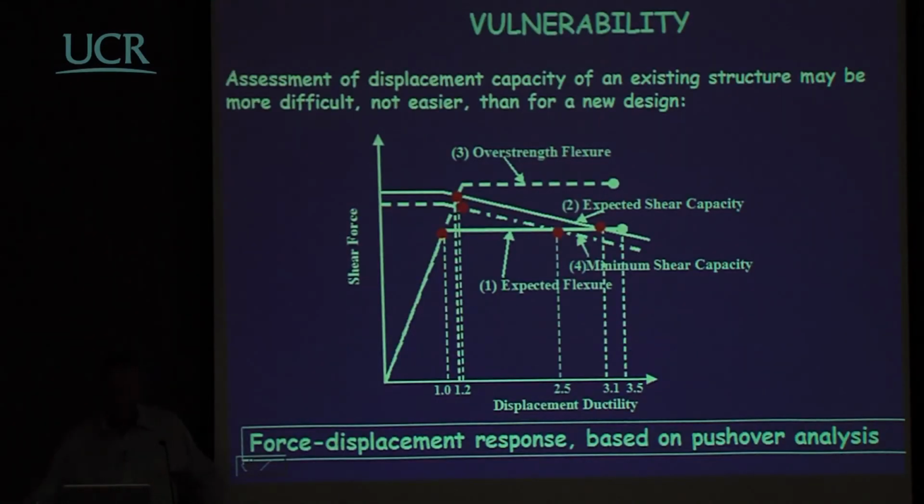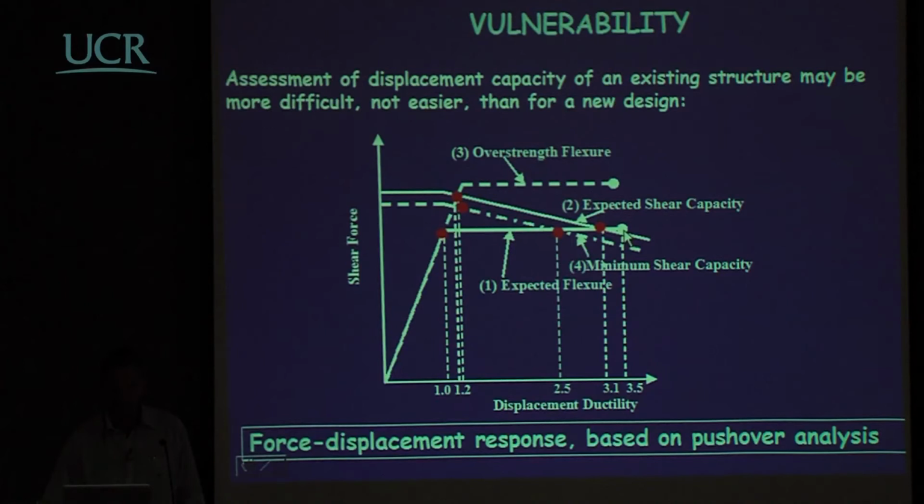Now let's look at vulnerability and some of the issues that can be a problem with this simple example. We'll just say this is characteristic of, it doesn't really matter what it is. It can be a single bridge pier because that's simple to understand. In terms of the expected material properties, of course we don't know the exact values typically, this is the expected flexural capacity here.